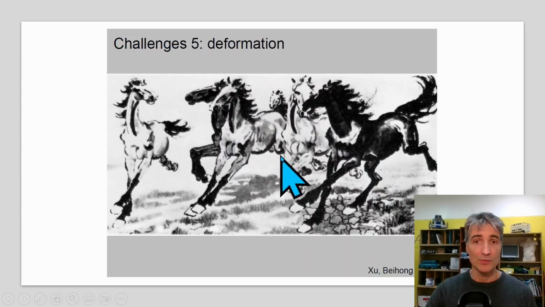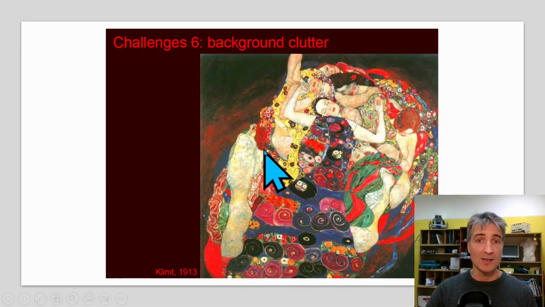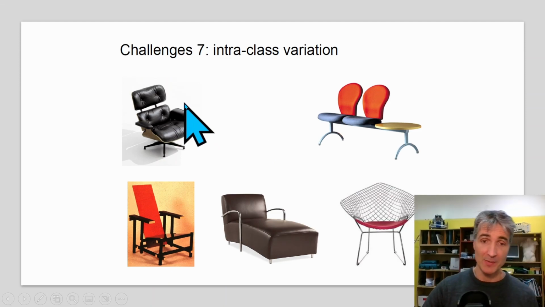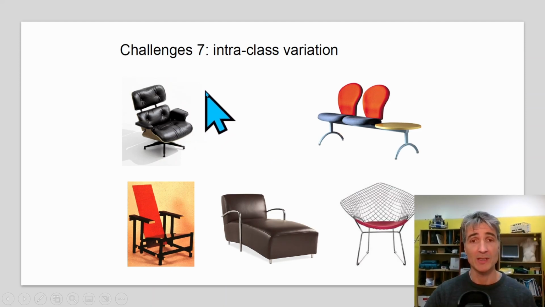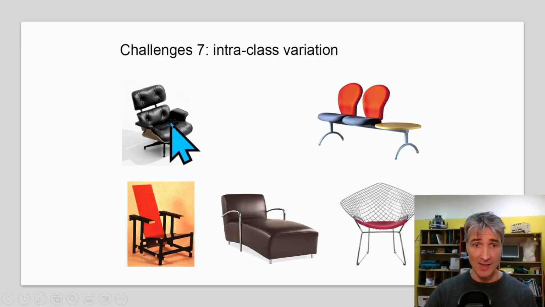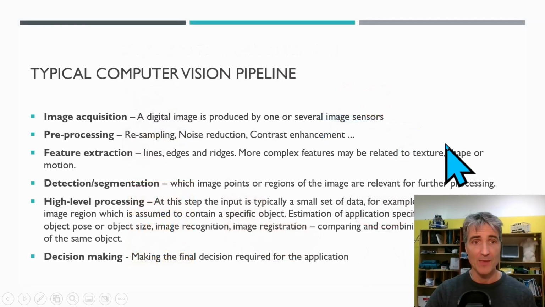They deform during movements, and background clutter doesn't help as well. But maybe the most dominant problem when we try to use computer vision to recognize an object is that objects have the sad tendency to vary quite a lot despite belonging to the same class.